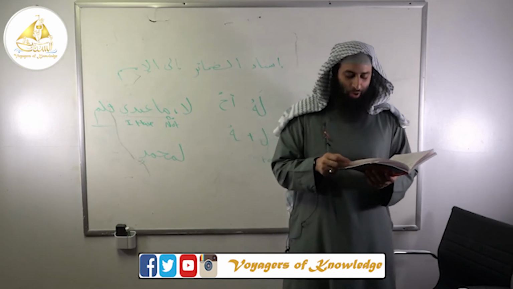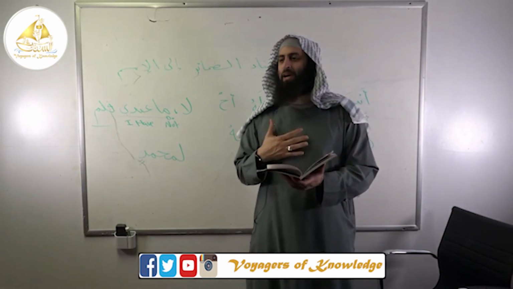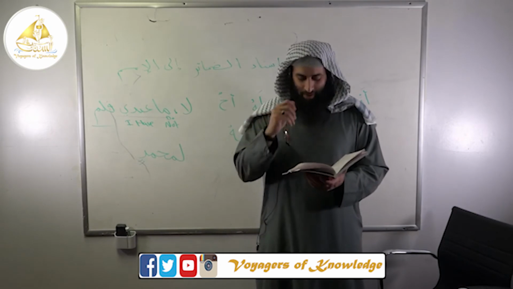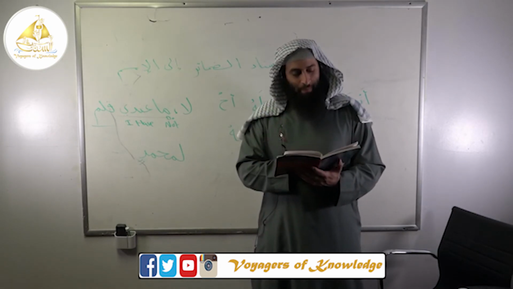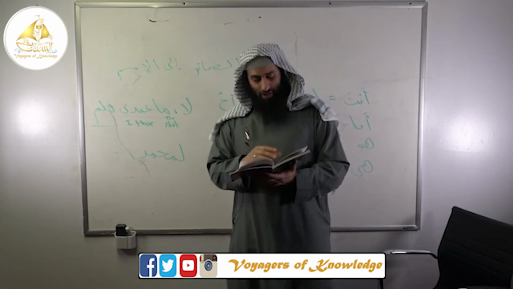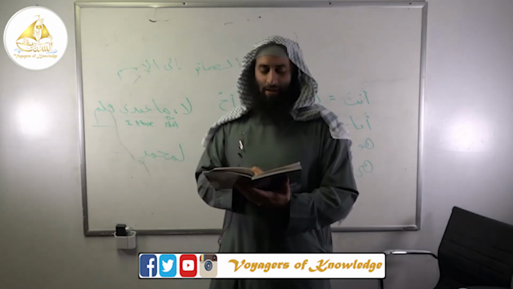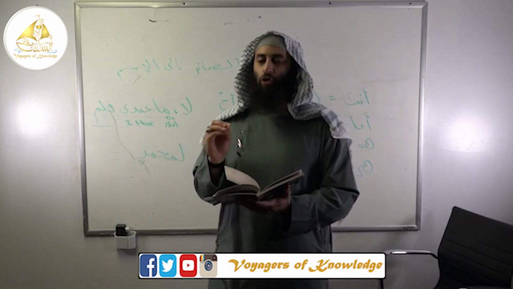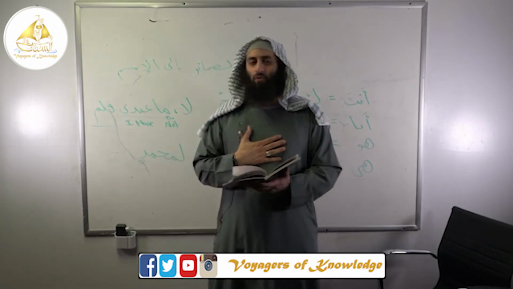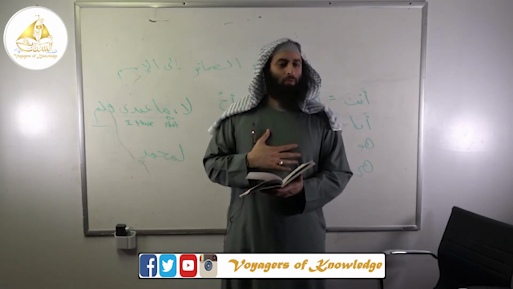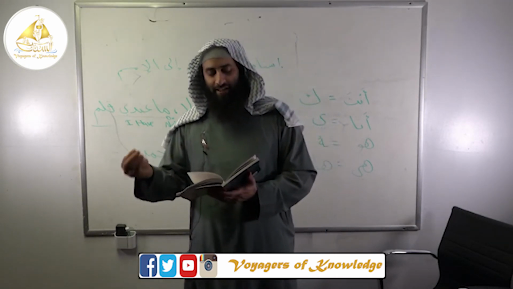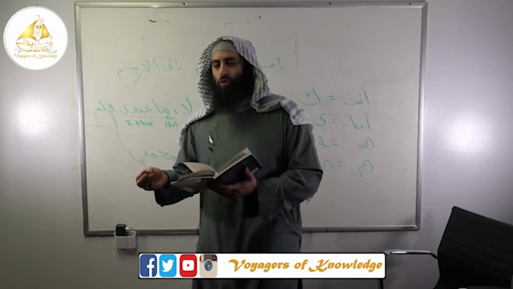زميلي له أخ وأخت. زميلي, my classmate. له أخ وأخت. And then you go to the next page at the top, page 59. He says, نقول, we say. What does نقول mean? We say. عندي كتاب. ونقول لي أخ.